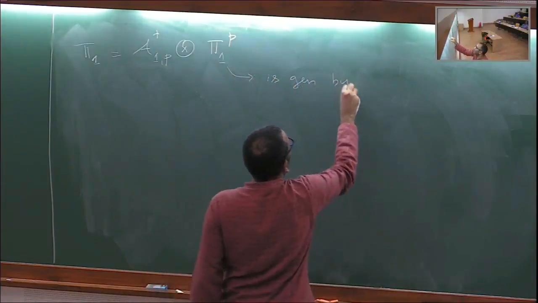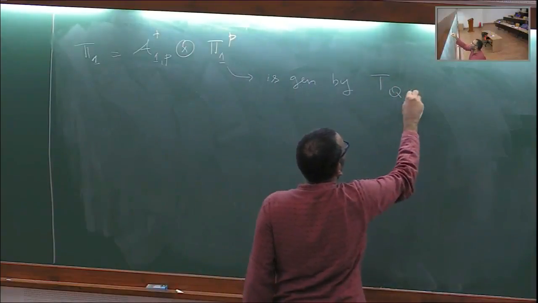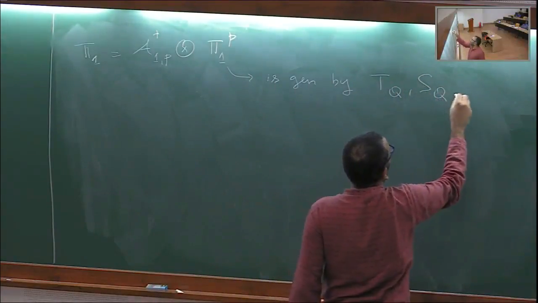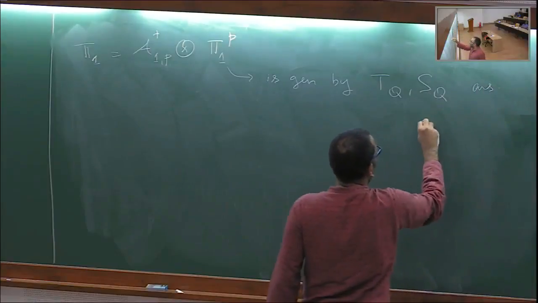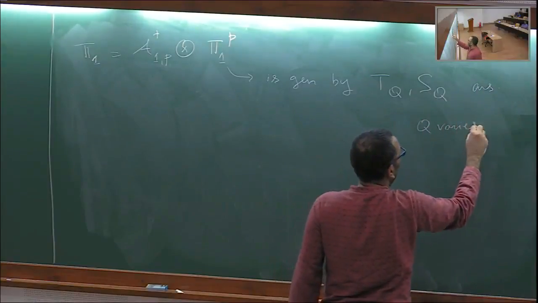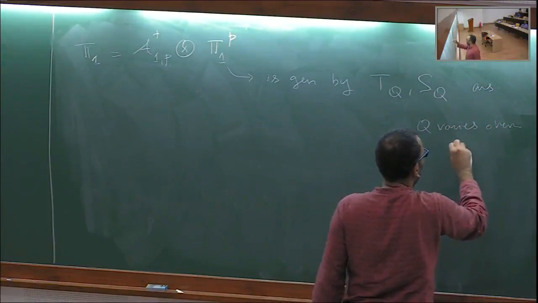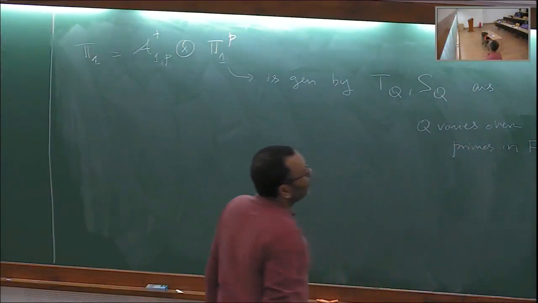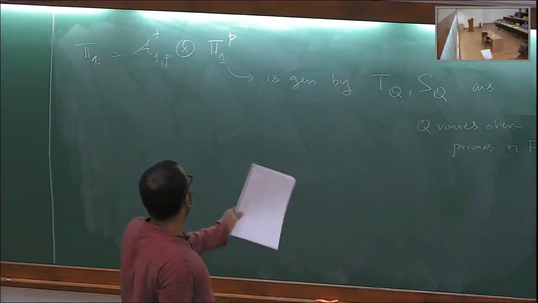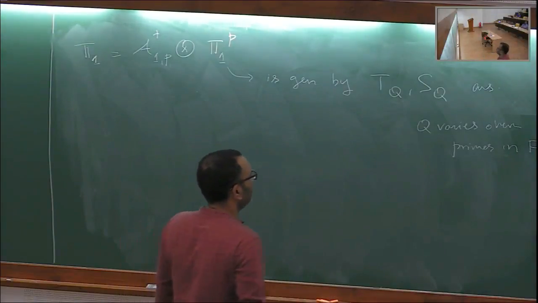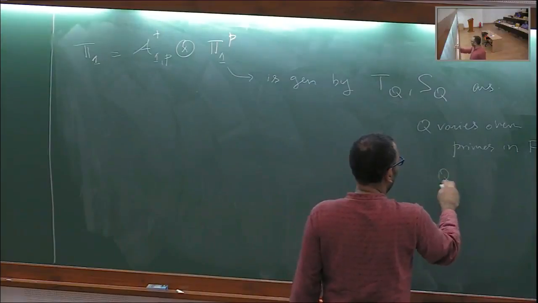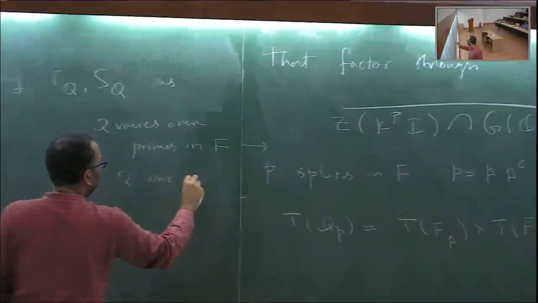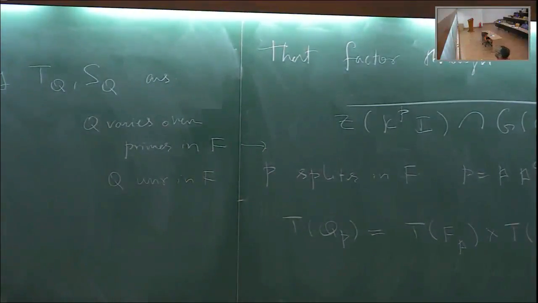This is generated by T_Q, S_Q as Q varies over primes in F. And just for simplicity, from both sides I'm going to throw away ramified primes, so Q unramified in F. Throwing away finitely many is fine because of multiplicity 1, it's not going to affect any of our calculation.